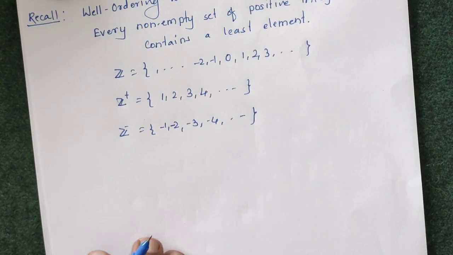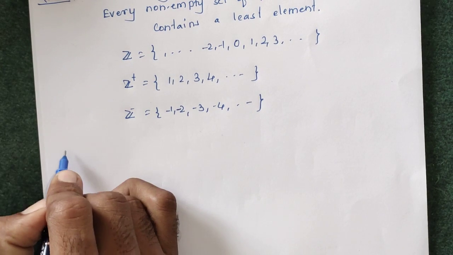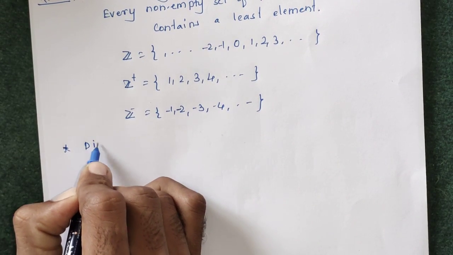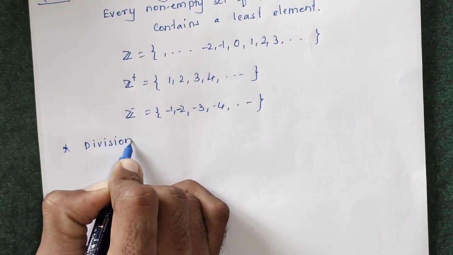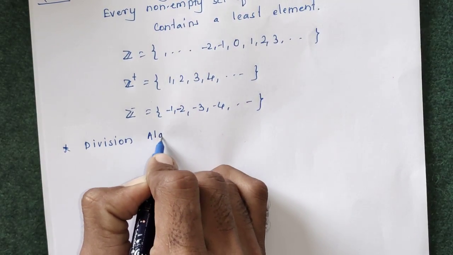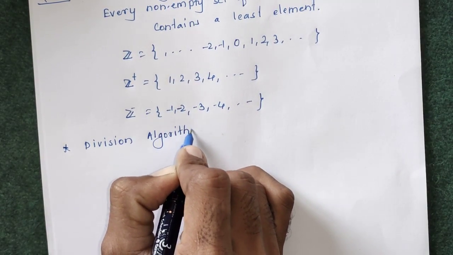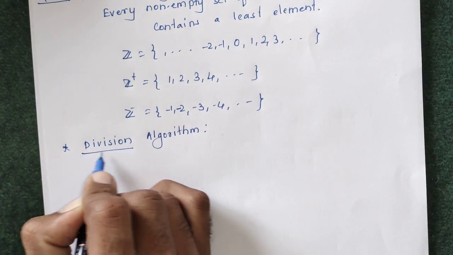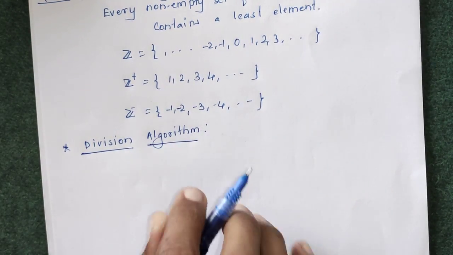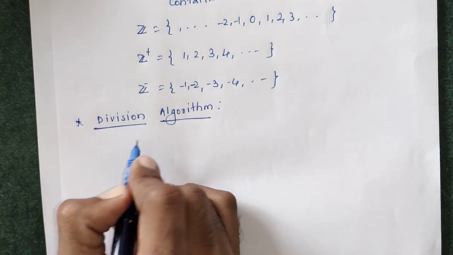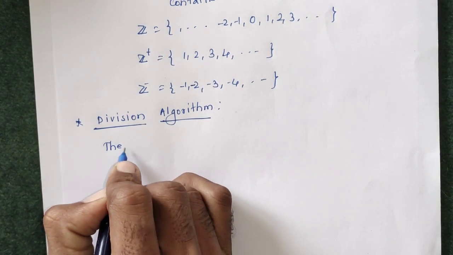Now our division algorithm. We have to prove this result. Now the theorem, that is the statement of the division algorithm.